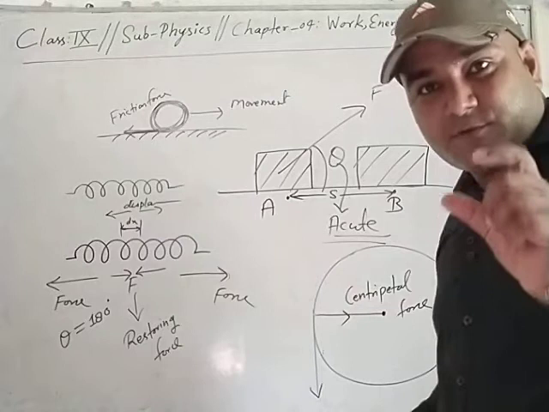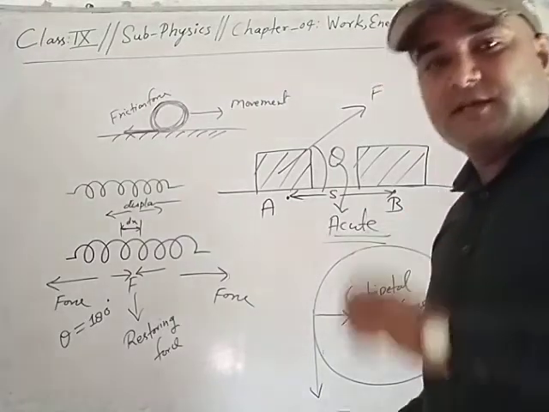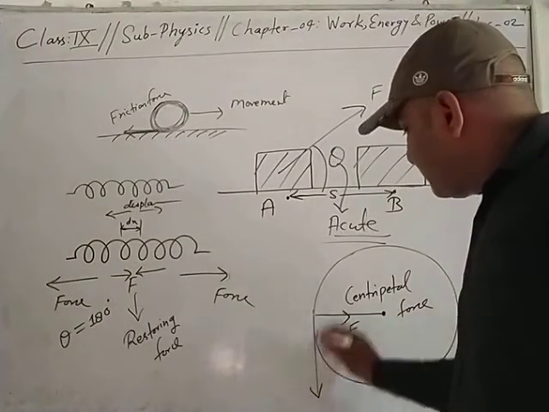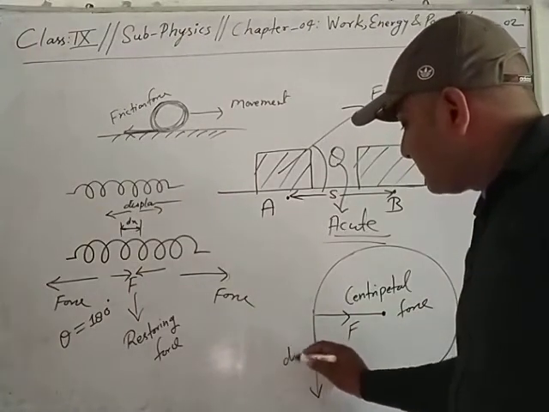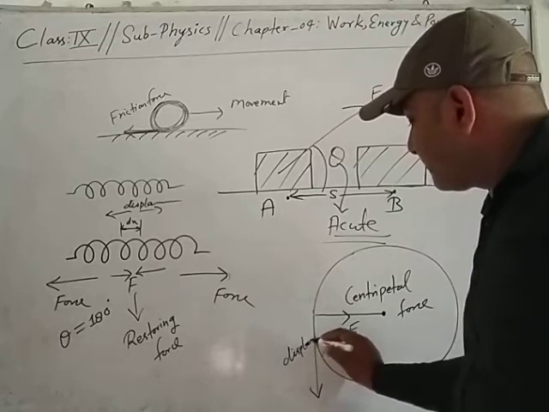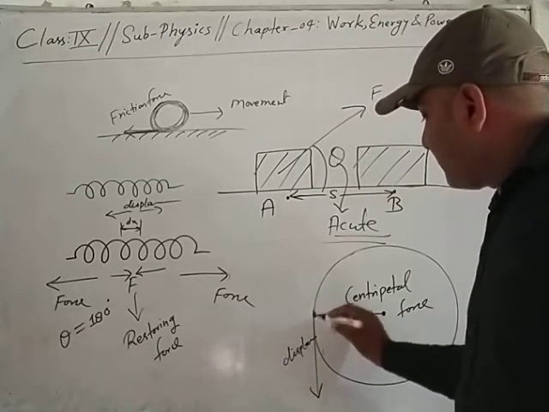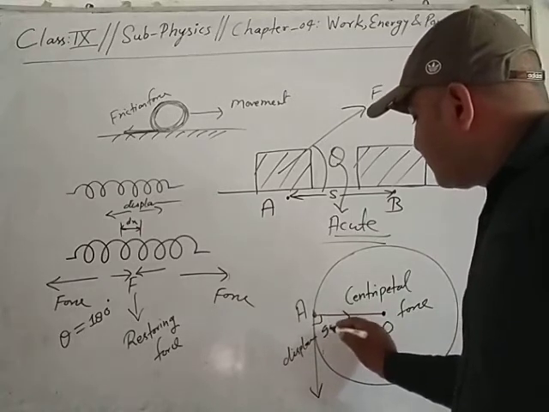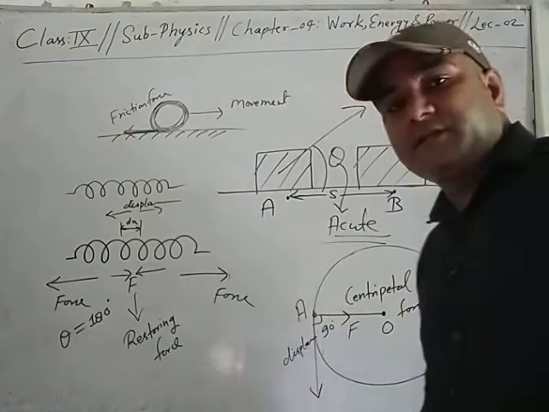Centripetal force means a force that acts towards the center of the circle. Here the force is along this direction, and this way is the direction of displacement, and at point A the angle between force and displacement is 90 degrees.